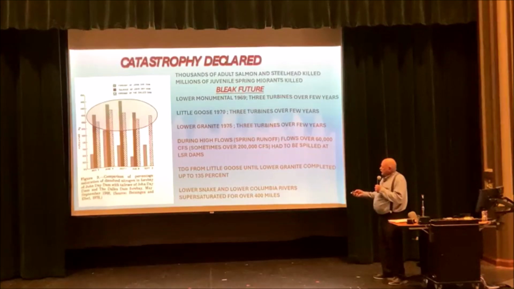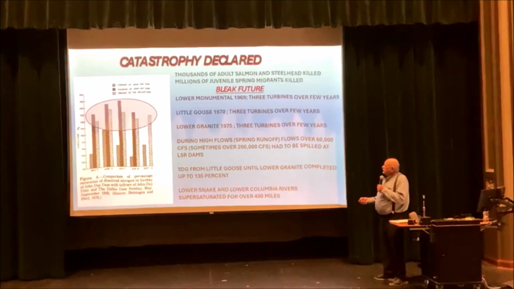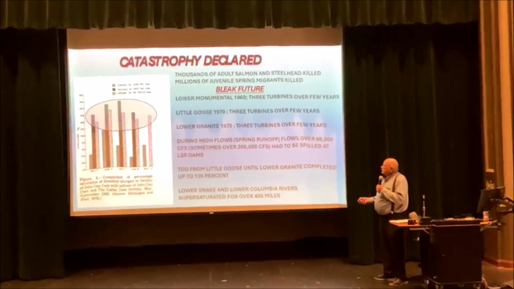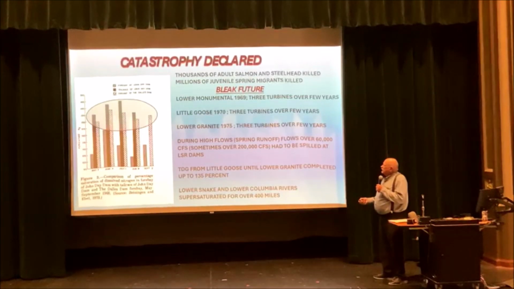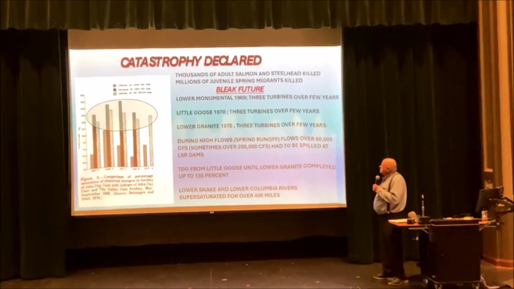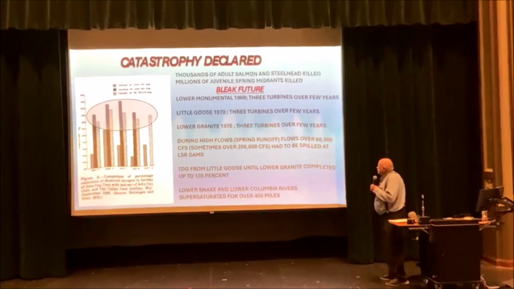This is from a 1968 report, and if you look up here in the pink, what I'm getting at is that the gas supersaturation in the spillway stilling basin is the highest, and it reduces only slightly going on downstream. And during the high flows, well, let me go back up to my slide.